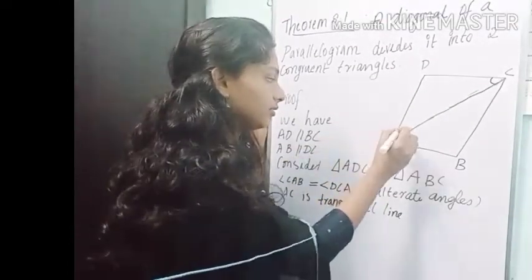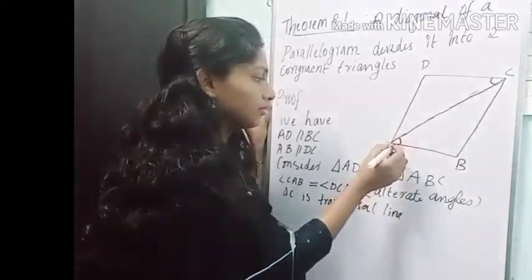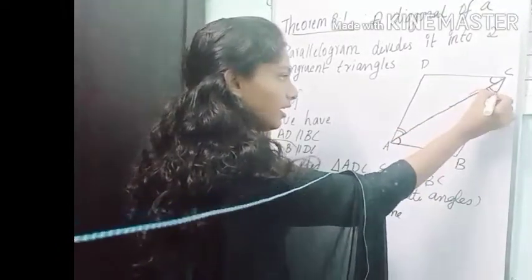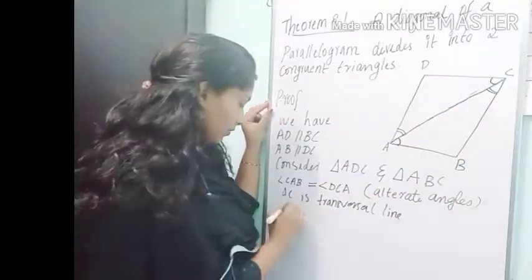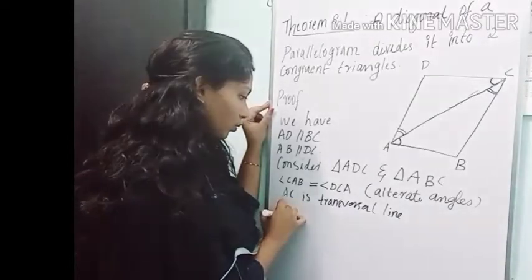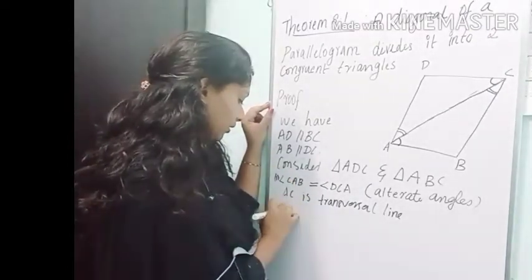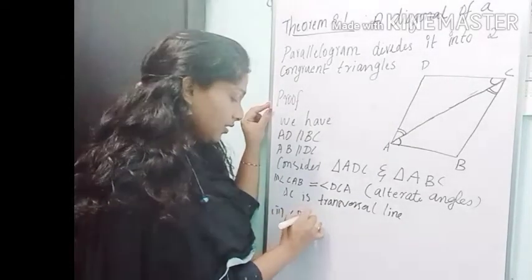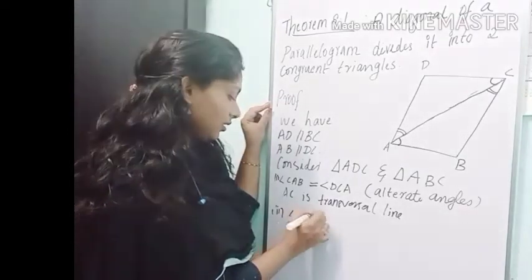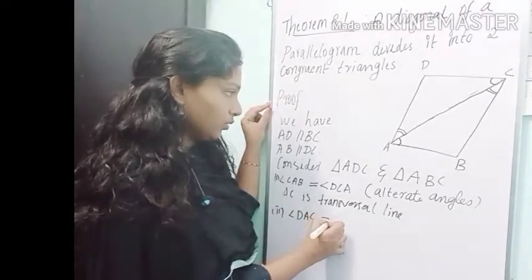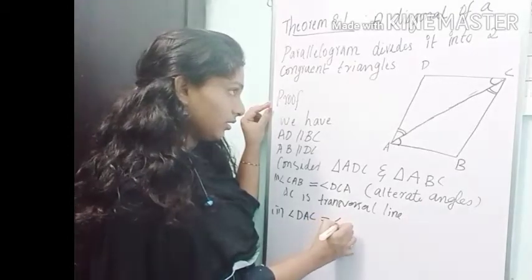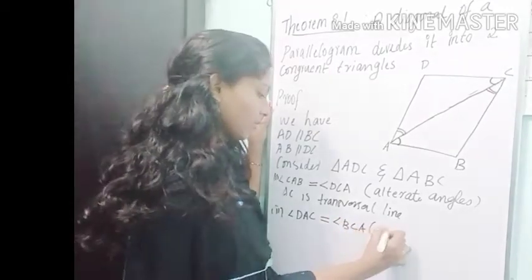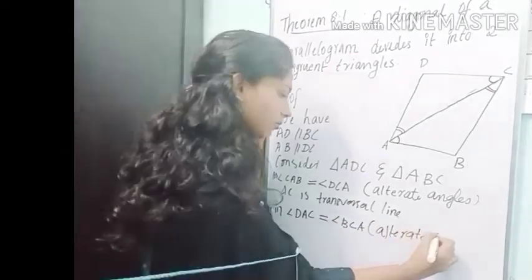Then this angle and this angle are equal. So this is first and this is second. Angle DAC is equal to angle BCA. Alternate angles.